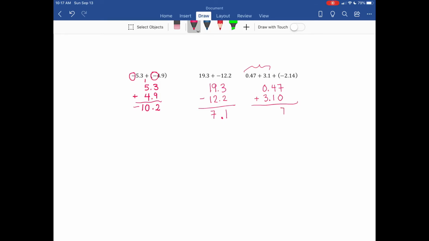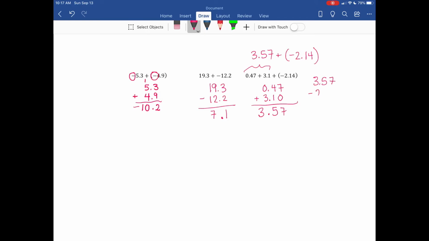And when we add straight down, 7 and 0 is 7, 4 and 1 is 5, and 0 and 3 is 3. So now what I can do is clean this up so that it's 3.57, because that's the sum of those two, plus now I've got negative 2.14. Well, so now those are opposite signs.